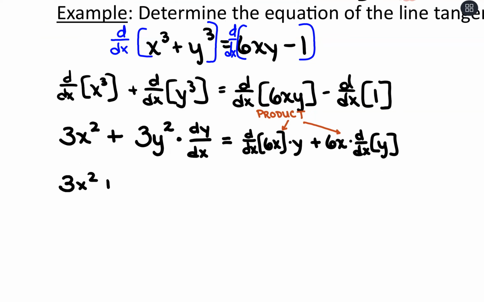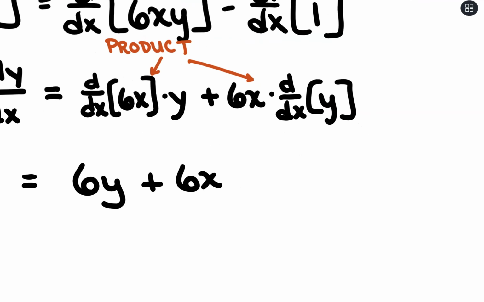So I'm going to have one more step taking derivatives, 3y squared dy dx equals, so derivative of 6x will just be 6, so we'll have a 6y plus 6x times derivative of y with respect to x is dy dx.